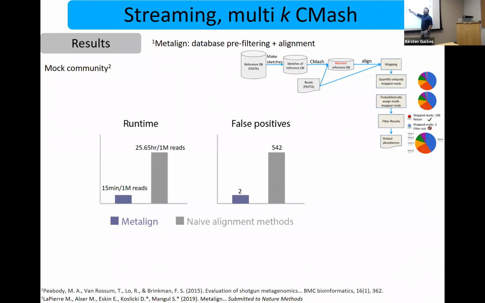But the more surprising thing is that the false positive rate also goes way down. Because with this pre-filtering step, you've already excluded these organisms that could hamper your downstream analysis of trying to deal with multi-mapped reads and stuff like this. So only looking at ones that are highly similar globally reduces your false positive rate by a couple more magnitudes.